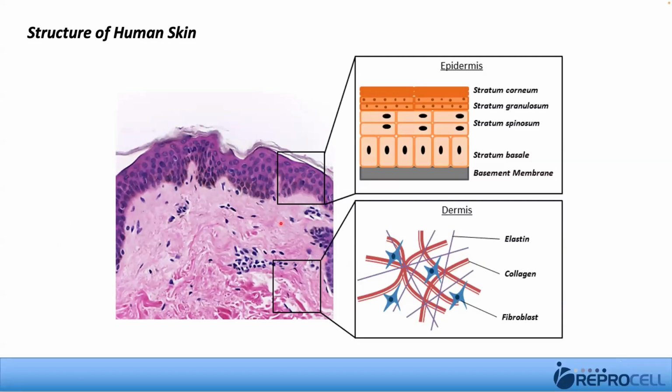It's comprised of multiple cell types, extracellular matrix, and provides a foundation to support the epidermis, which in itself is a complex differentiated epithelium comprising of a basal layer and stratum spinosum, granulosum, and corneum as the cells move towards the surface and differentiate. So how do we build this in our Alvetex constructs?